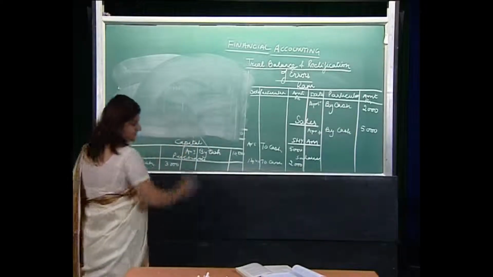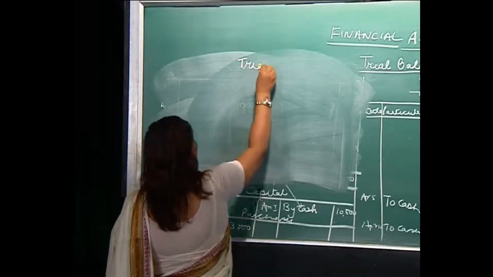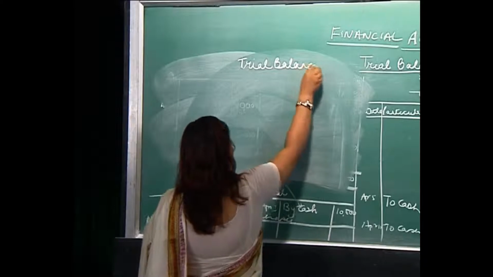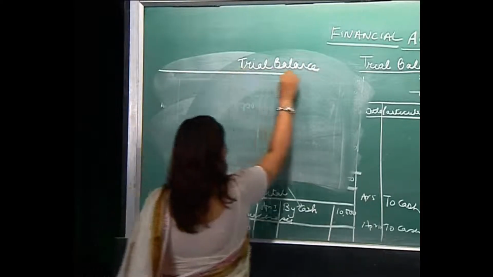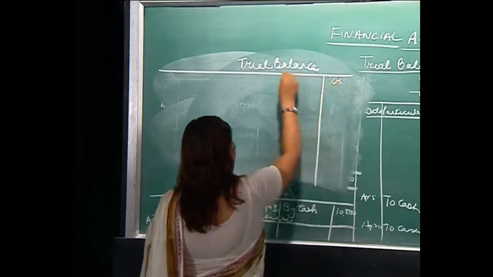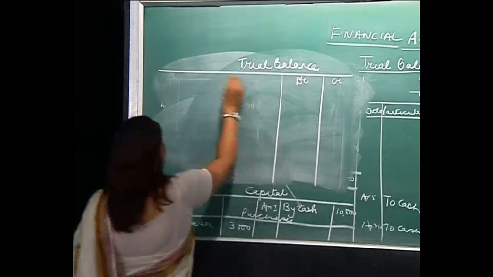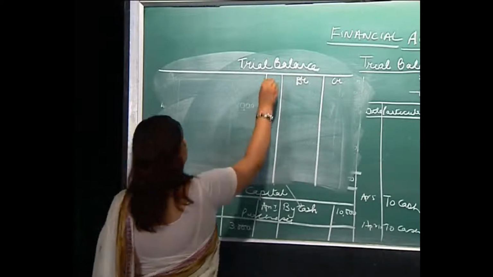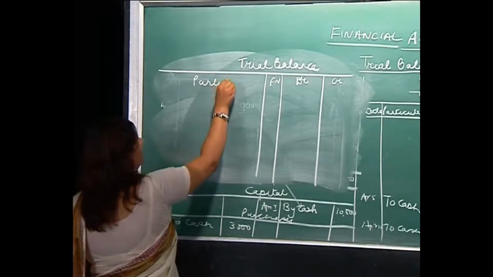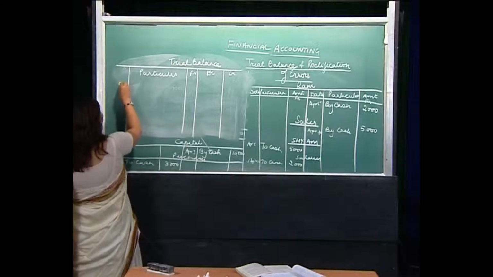This trial balance is based on the total method. This is credit side, this is debit side, this is folio number and particulars, and serial number will be there.